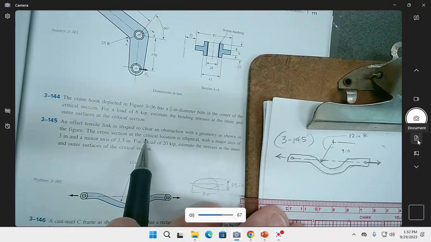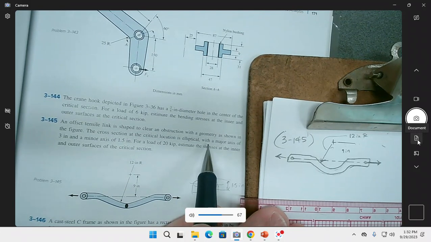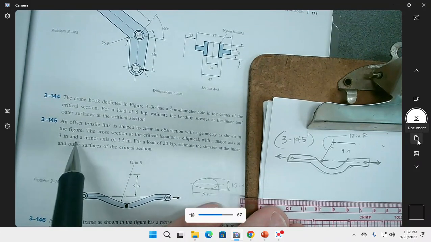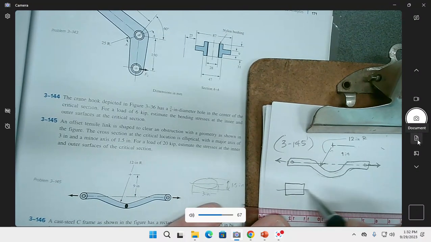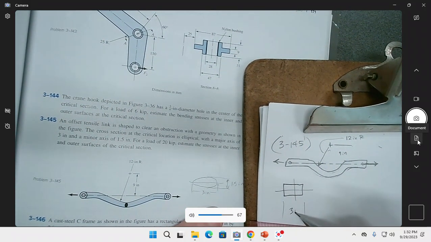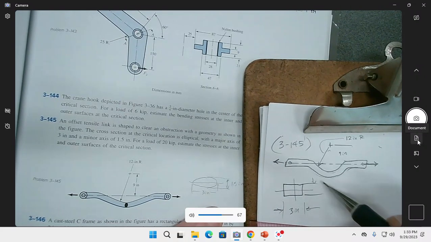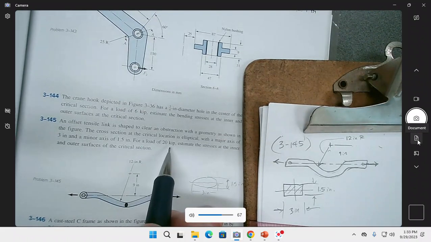The cross-section at the critical location is elliptical, with a major axis of 3 inches and a minor. Okay, so we're going to make it this way right here. So this is going to be 3 inches by 1.5 inches this way. And the load is 20 kip.